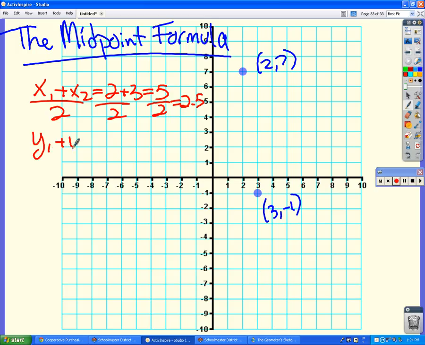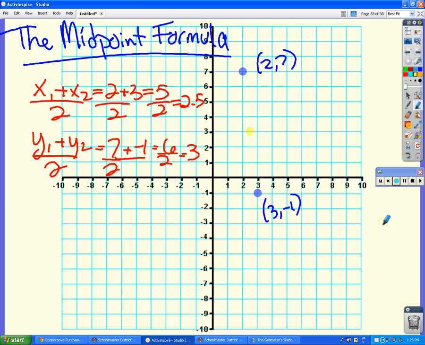If I add the y-coordinates together, so 7 plus negative 1 is 6. And what do I have to do with that answer? Divide by 2, because I want to be halfway in between. So I divide by 2, I take half of the answer. And that gives me 3. And then what I'm telling you is that the midpoint will be right at 2.5 comma 3. Do you believe me? Yeah.